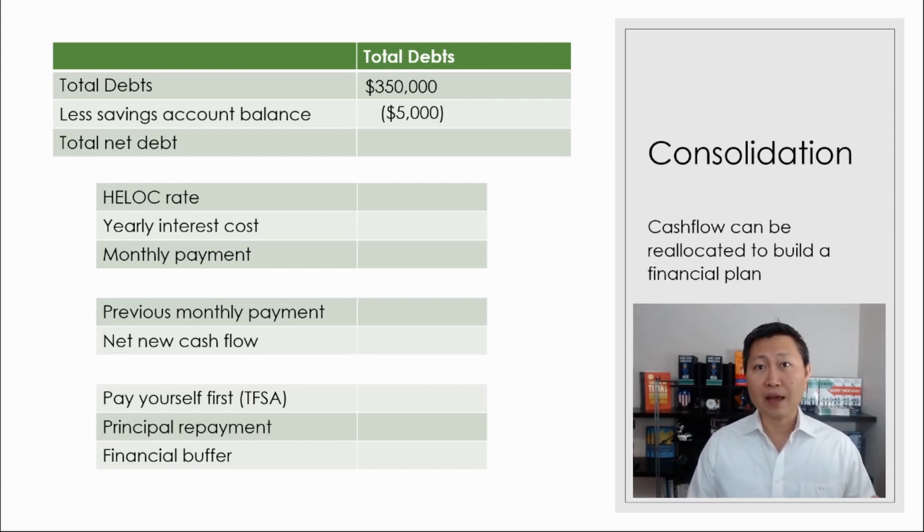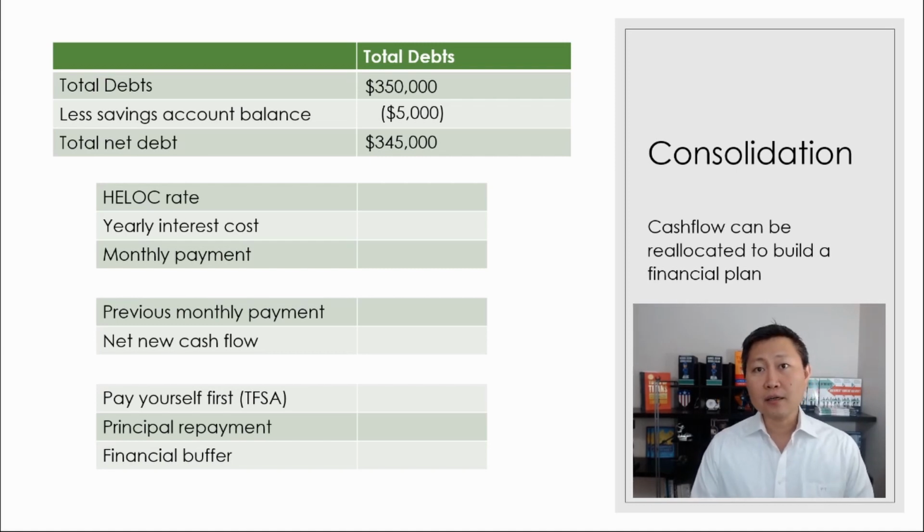Smarter to throw that $5,000 right onto your mortgage balance, and therefore lowering your total cost of interest. All right. You do want to keep your checking account active because you will need that to pay the bills and a place for your paycheck to go into and all of that stuff. But a savings account doesn't make any sense to keep because they pay next to nothing. So your total net debt at that point would be $345,000 for these clients.